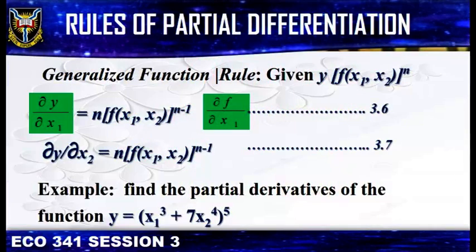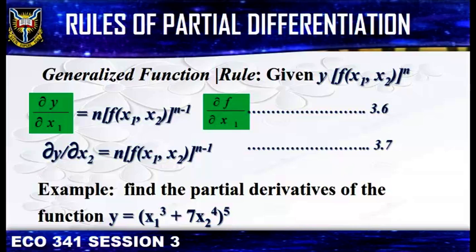3. Generalized function rule. Given y equal to (f(x1, x2)) raised to power n, partial dy over partial dx1 is equal to n (f(x1, x2)) raised to power n minus 1 times partial df over partial dx1.